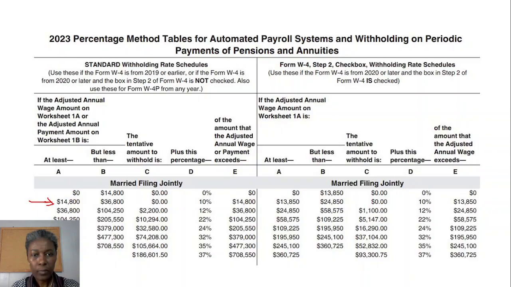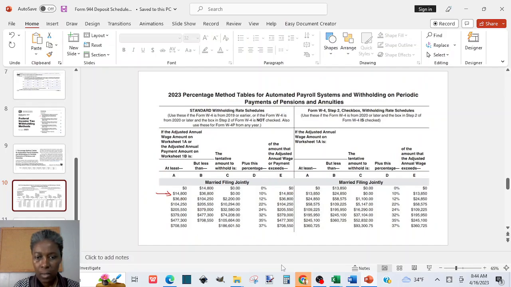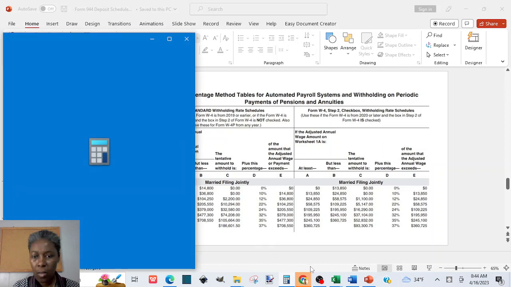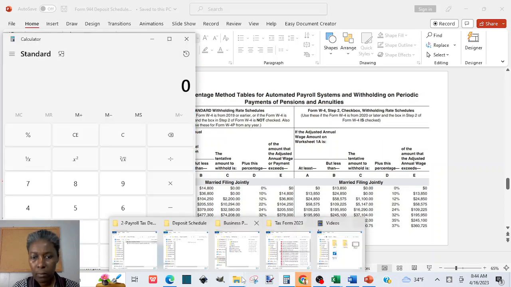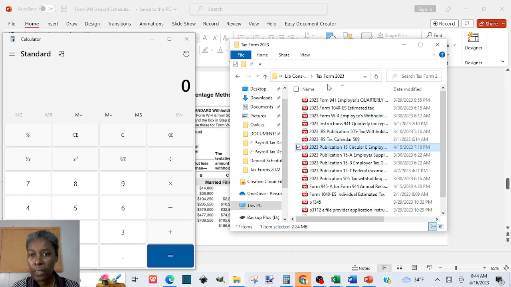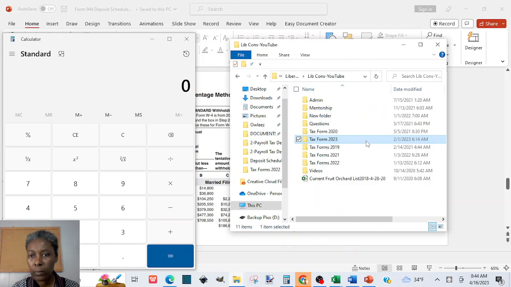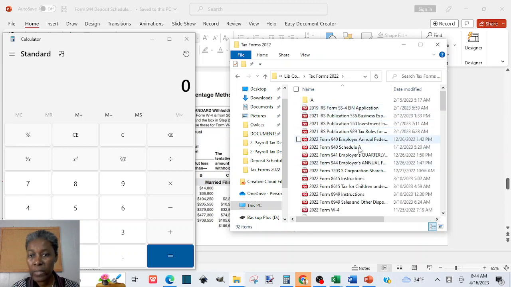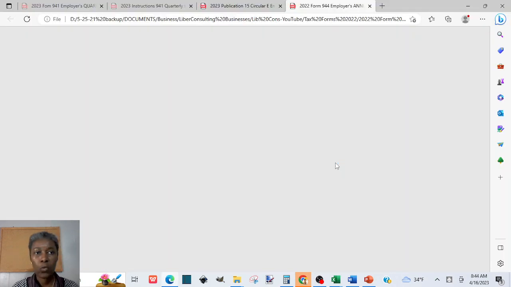So let's get out of this and bring a calculator. And while we are there, let's open Form 944. Form 944 for 2023, I'm not sure if it's available here, so let's open the last one, the 2022 one, and use it.